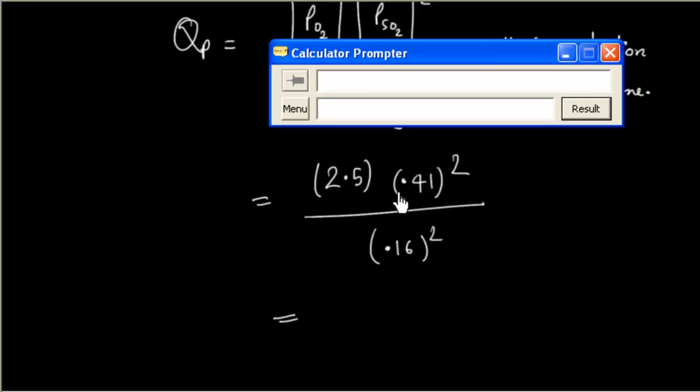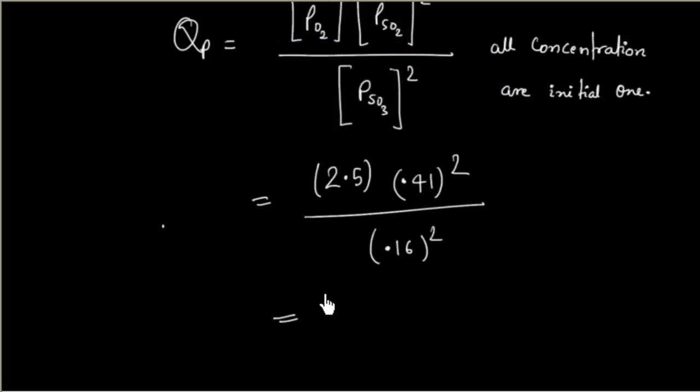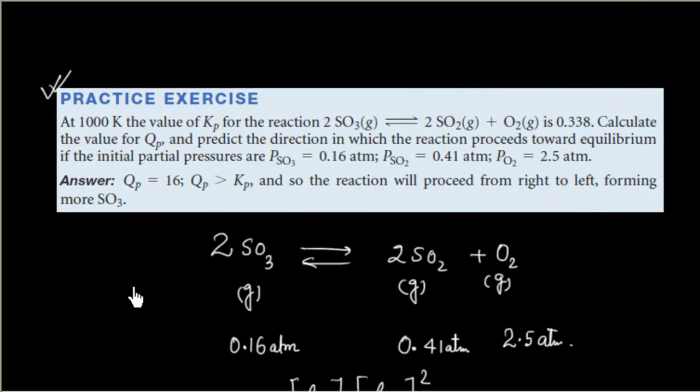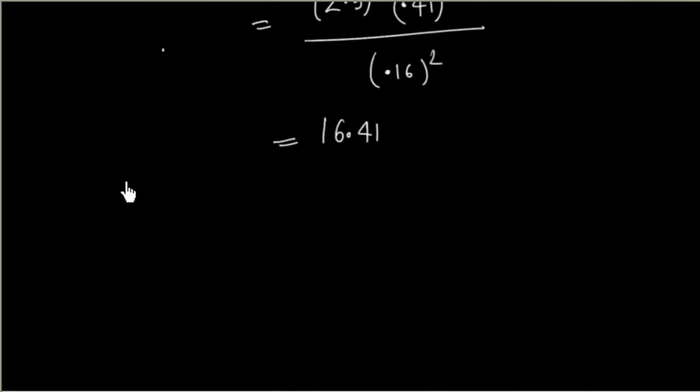Calculating this, 2.5 multiplied by 0.41 multiplied by 0.41, divided by 0.16 multiplied by 0.16, gives 16.41.